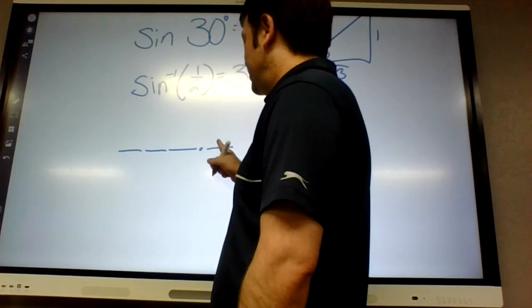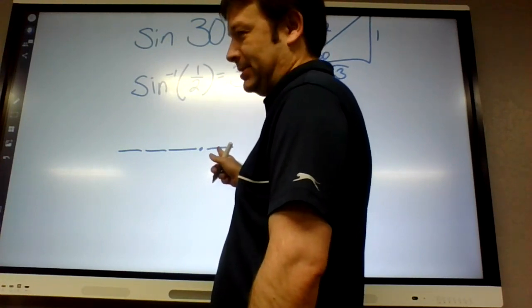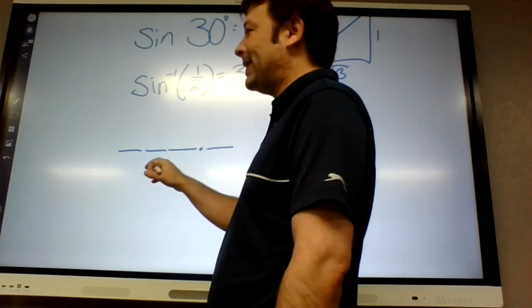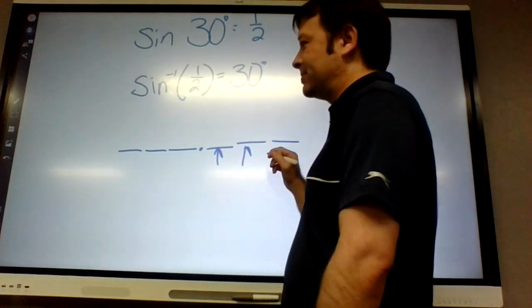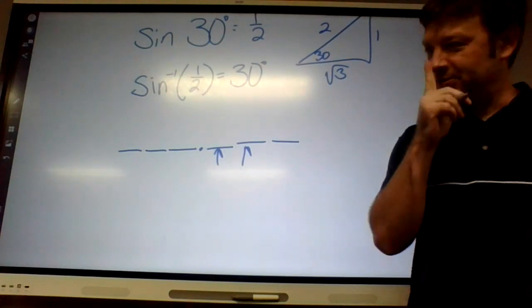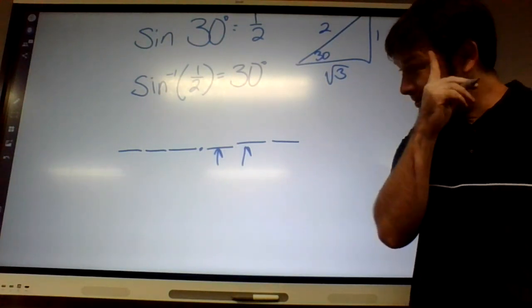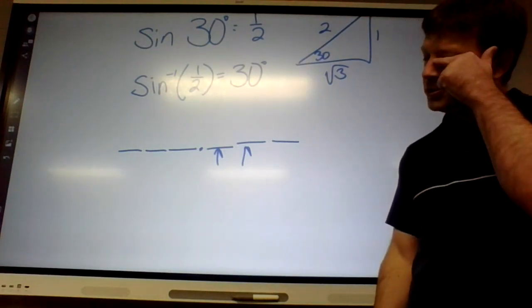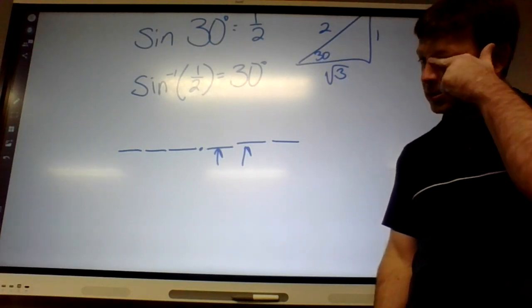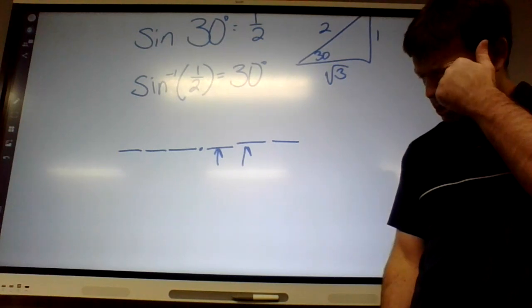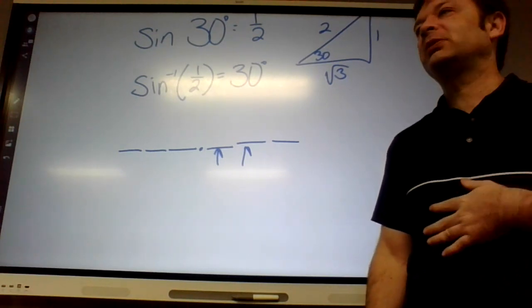So on this side, it can't start with the oneths. It starts with the tenths. So it's tenths, hundredths, thousandths.